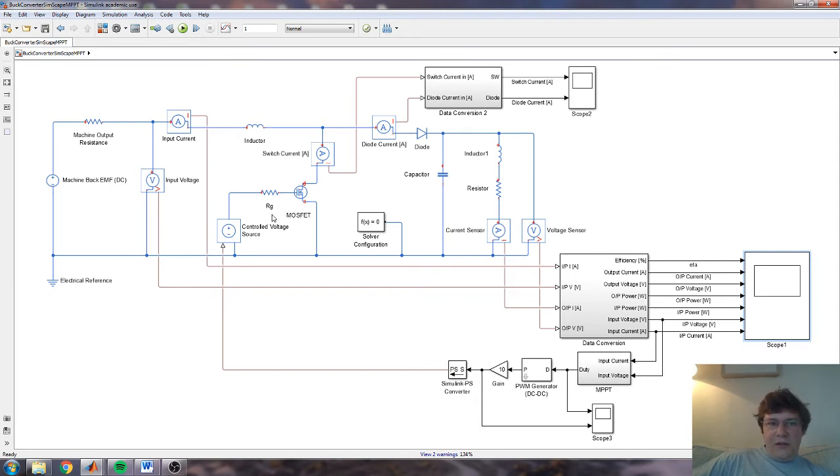Another way of thinking about that is to say, if I drew a line here on my circuit and looked at the energy flow to the right of this input voltage source, and I drew a line here and looked at the energy flow to the right of that imaginary line, I could develop an effective resistance looking into the output of the converter, looking into the cap and the diode, and I could develop an effective resistance looking into the inductor and the switch and everything else.